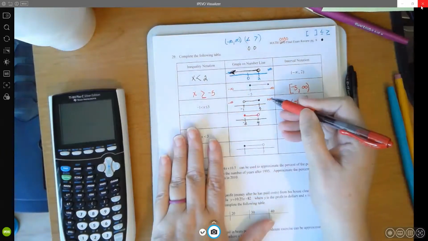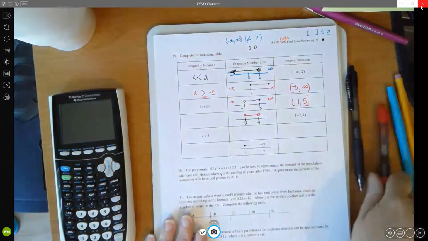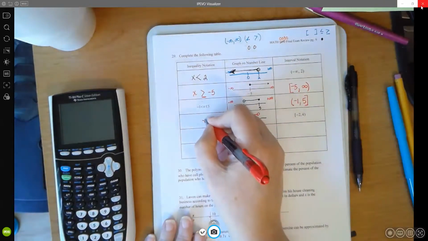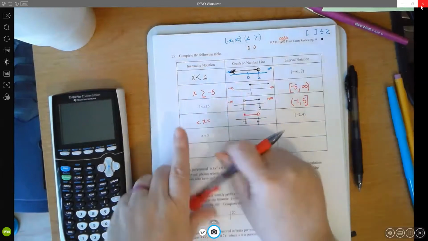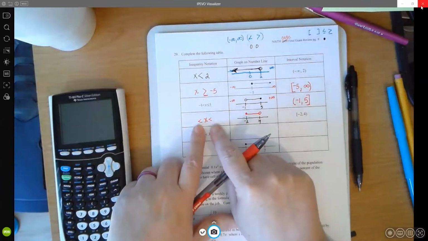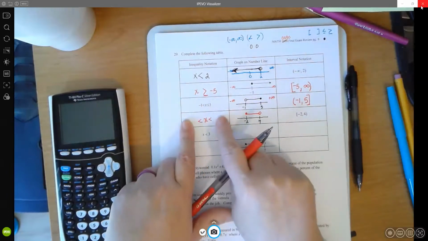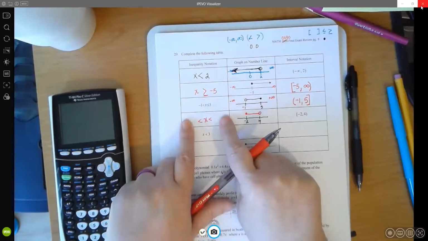Notice how it looks just like the one above it. So that means my answer here will look the same as well. X, and then notice that it always goes from the smallest to the largest, so it's a less than sign in both directions, so that the smallest number is here because it's less than both of those, and my largest number goes here because it's greater than all of those.